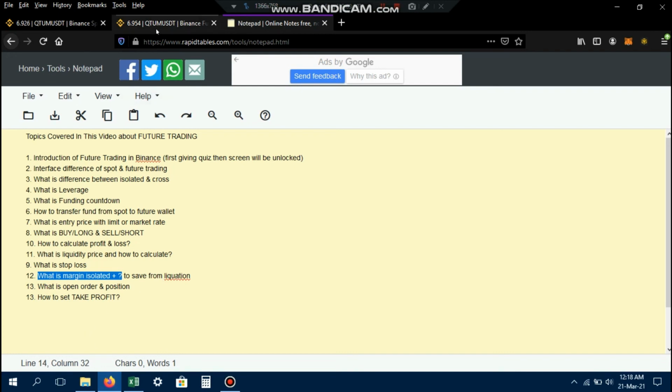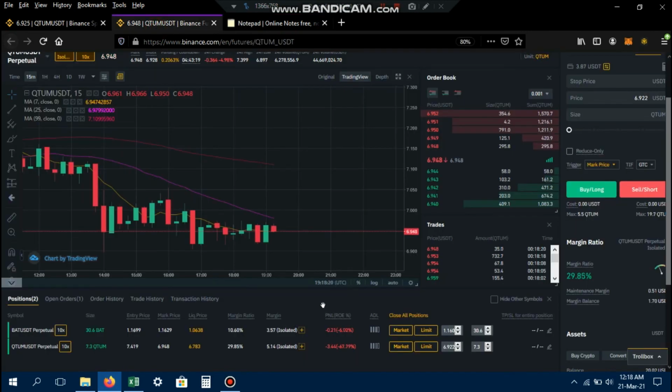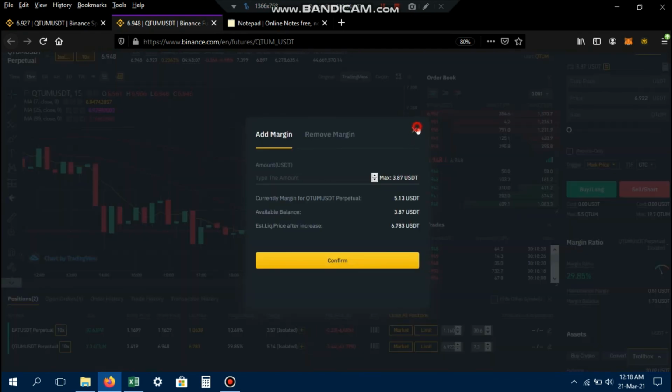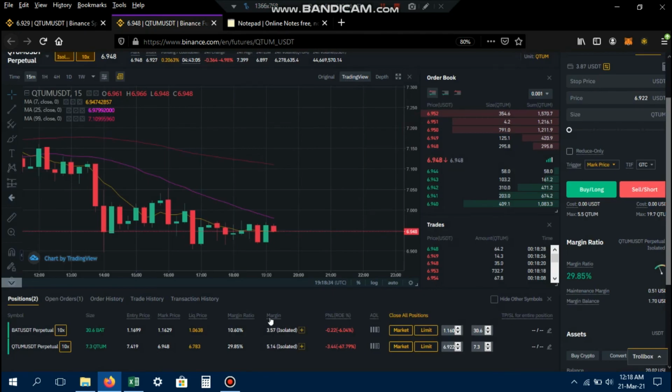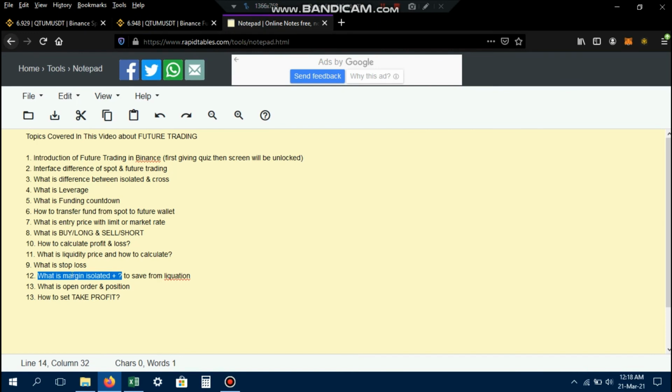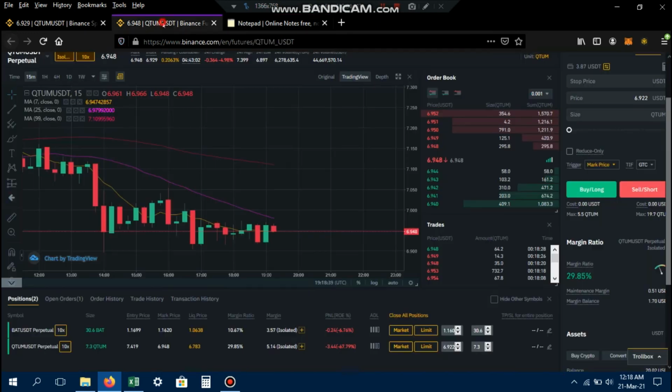Now there is another way. For example, you can see over here that there is a plus sign. As you can see, it's margin isolated. The question is, what is margin isolated?